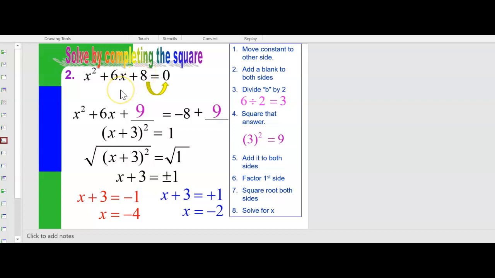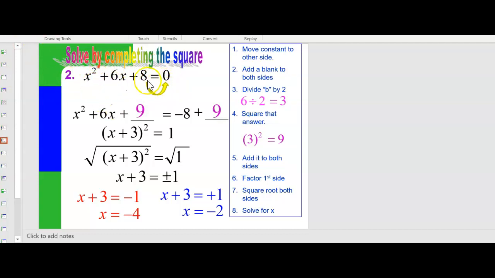So let's check it. 1/2 of b, which is 6, 1/2 of 6 is 3. 3 squared is 9. Should be 9, but here you have an 8. So this is a wrong number. It cannot give you a perfect square. So if it cannot, you're going to move it away and make a perfect square yourself. Okay?